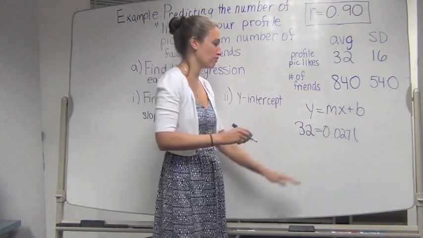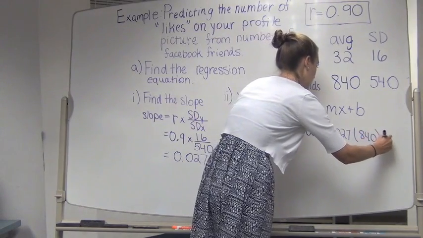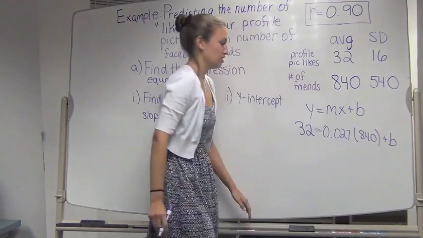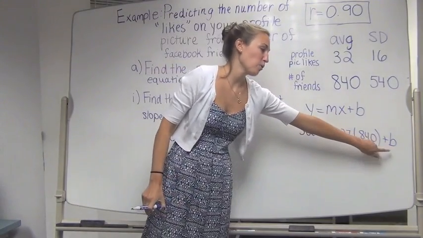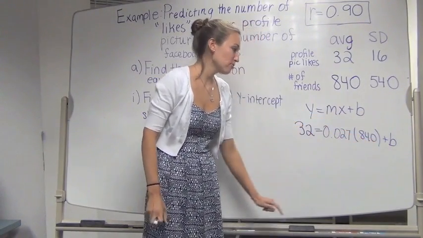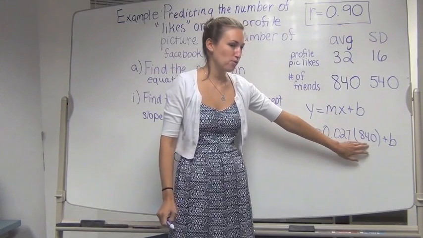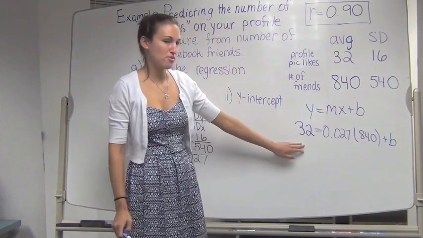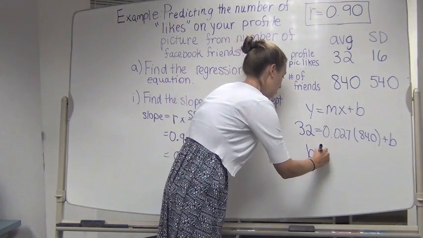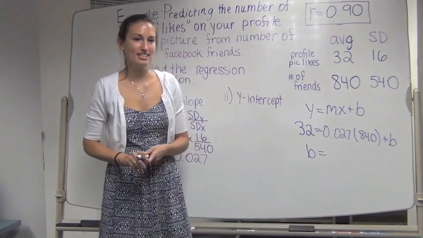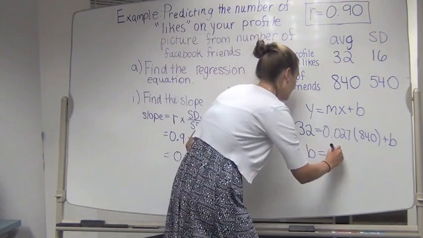So 840, plus B. So now we have everything filled in except our one unknown. So we can solve for B by multiplying 0.027 and 840 and then subtracting that from 32. And what do I get for B? 9.6.